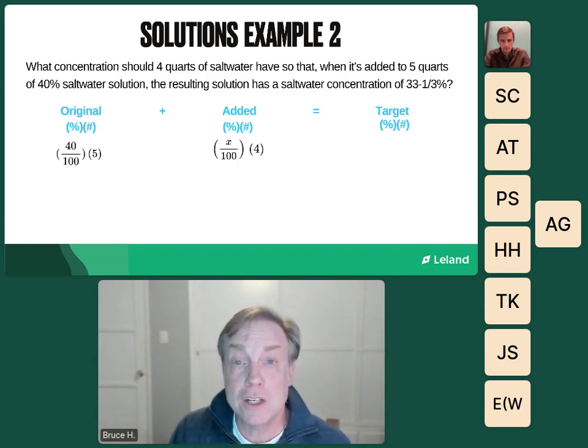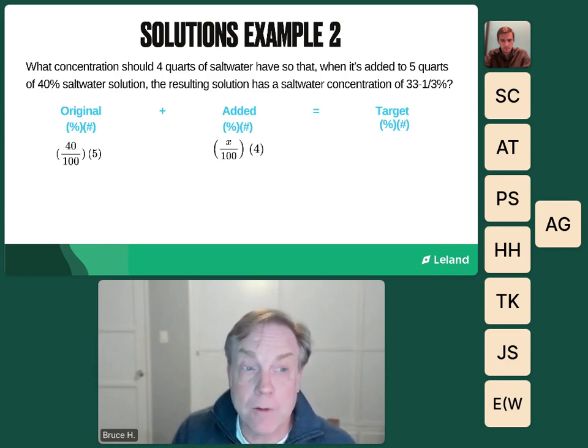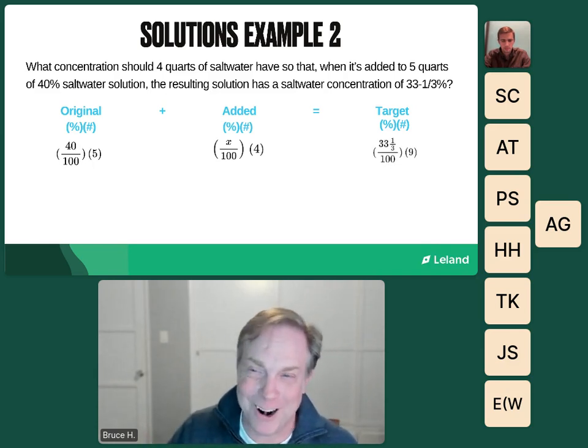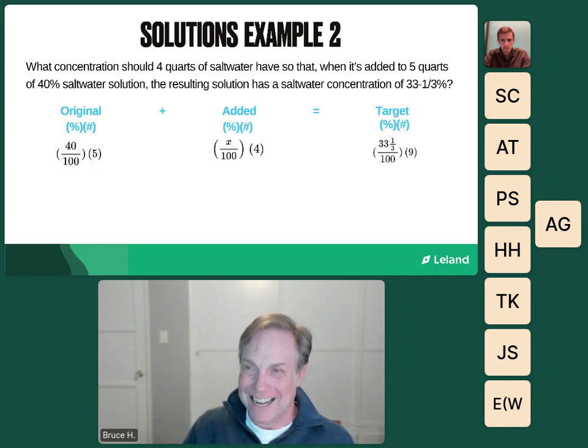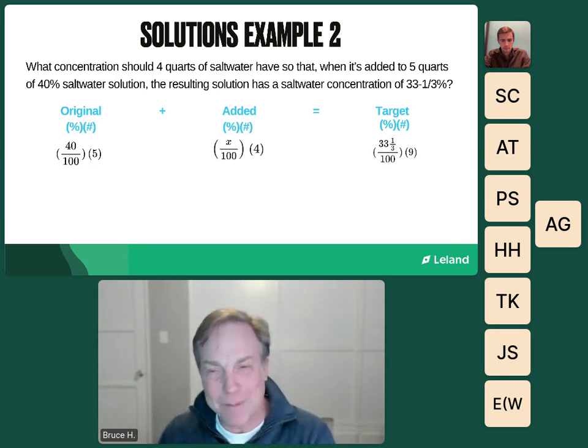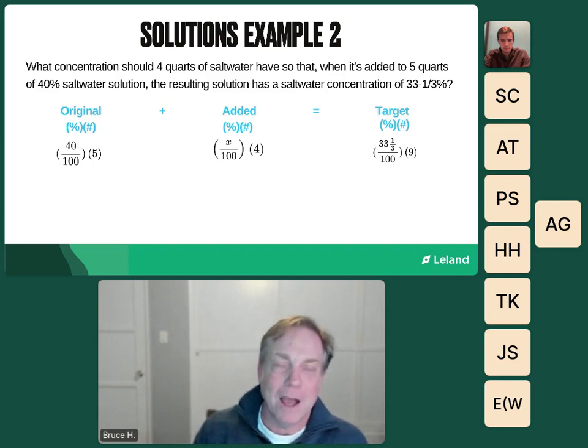They're starting us off with 5 quarts of a 40% solution. And our target here is 33 1/3% times 9, because we're going to have 5 plus 4 equals 9. So that's how much total, how many total quarts we're going to end up with.